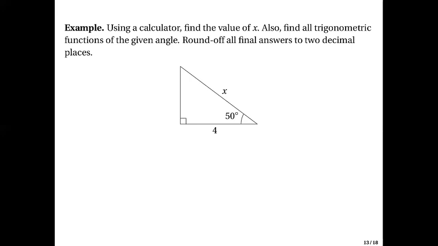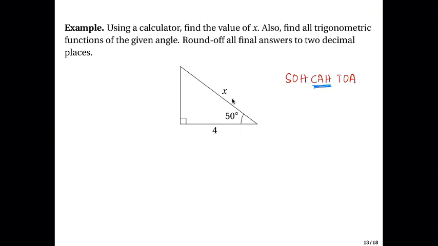If we look at our Sohcahtoa, this is the angle. We are given the adjacent and the hypotenuse. The best to use is cosine.